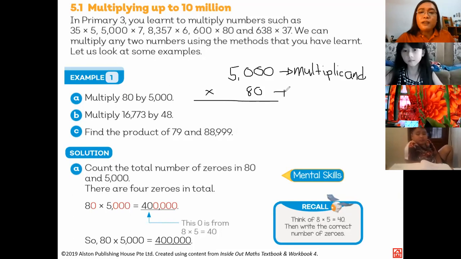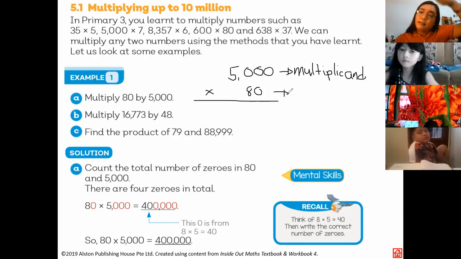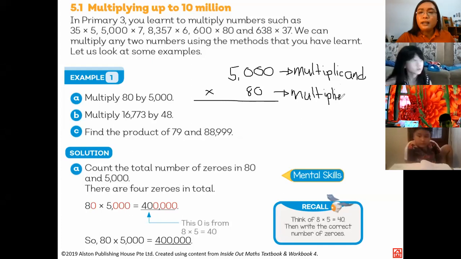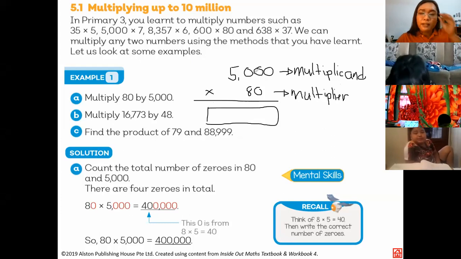All right, so 5,000 is called the multiplicand. It's at the top. And then 80 is called the multiplier. And the answer for this multiplication is called the product.